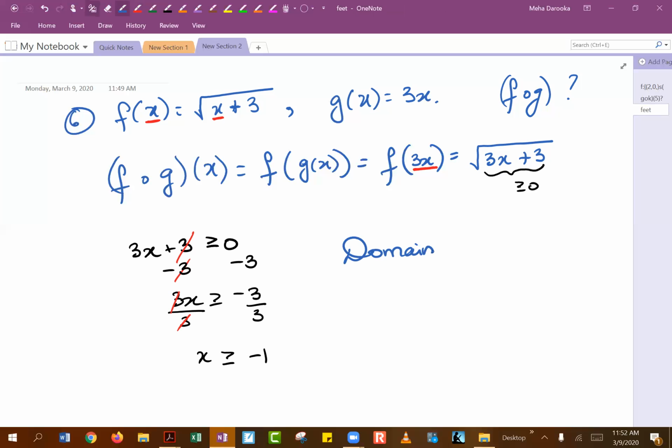So this would be the domain for the composition f of g. That's going to be starting at -1, and it's saying greater than, so you're going to infinity, and the greater than or equal to symbol is what tells us it should be equal to. We're not dividing by a negative.